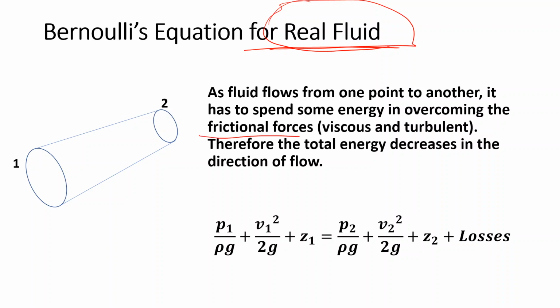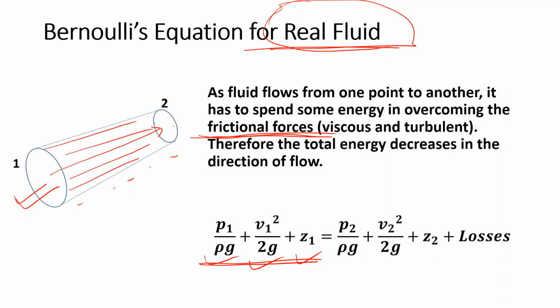So if those frictional forces are there, then whatever is the total energy here in section 1, total energy meaning the summation of all these forms of energy, pressure energy, kinetic energy, and datum or potential energy, as it reaches this point, some energy will be lost because it has to overcome the friction. If we do not consider friction, then it will remain the same, and therefore some losses will occur.